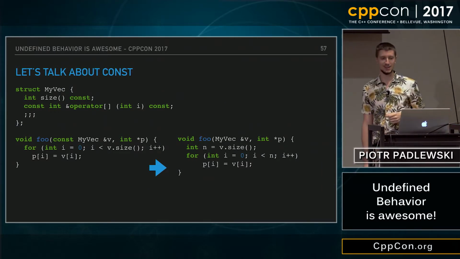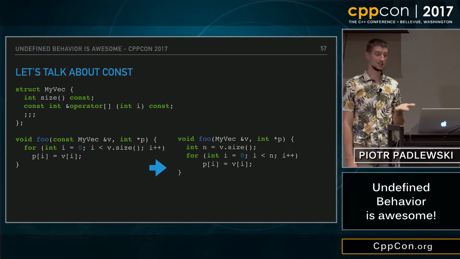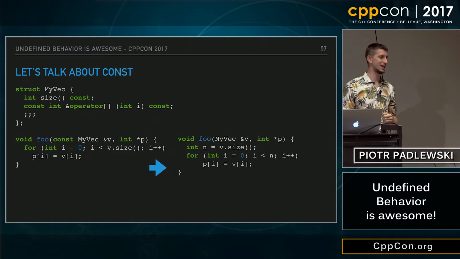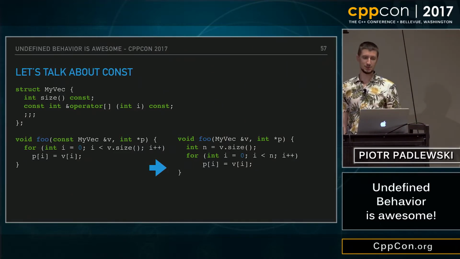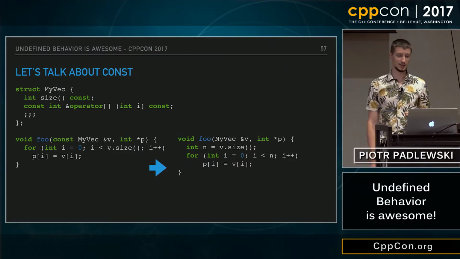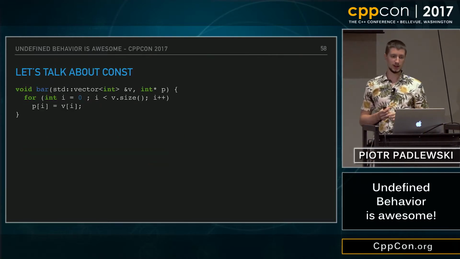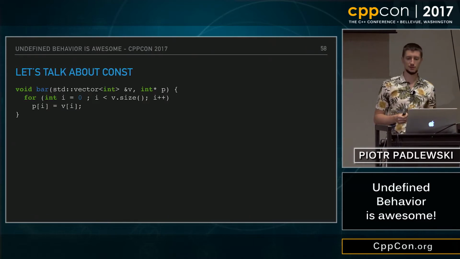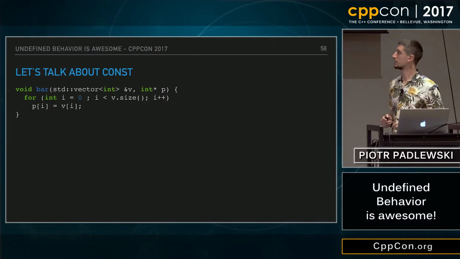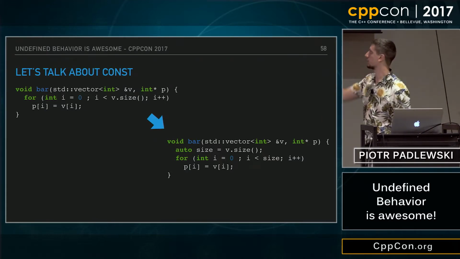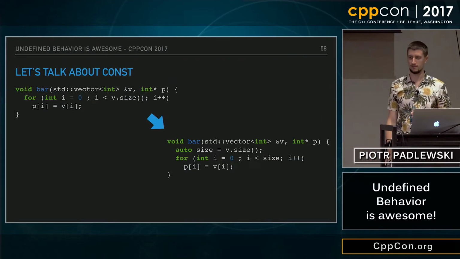That's right. And besides this, const does not actually say that we cannot modify anything inside of a class, right? So this is invalid. But it actually works with the standard vector. If we write something like this, it will optimize it to this kind of thing.